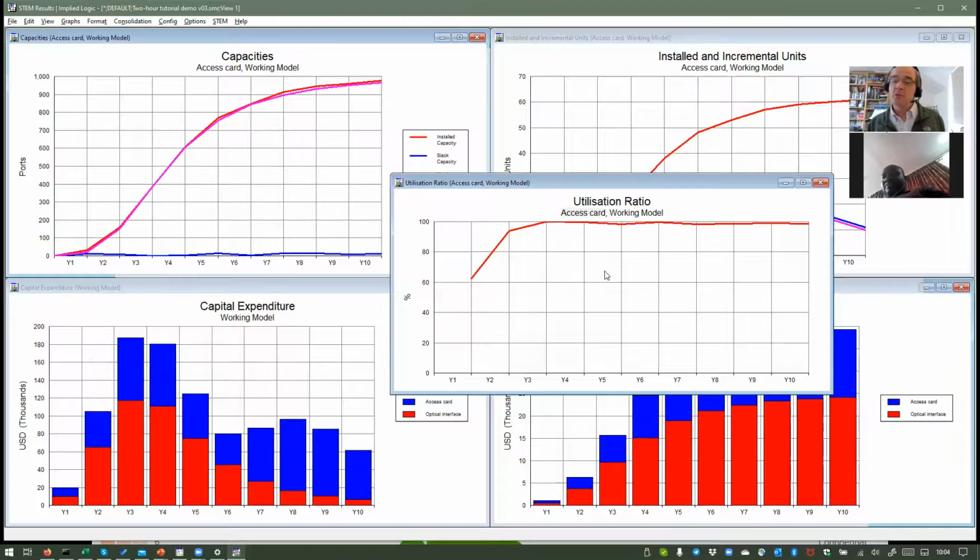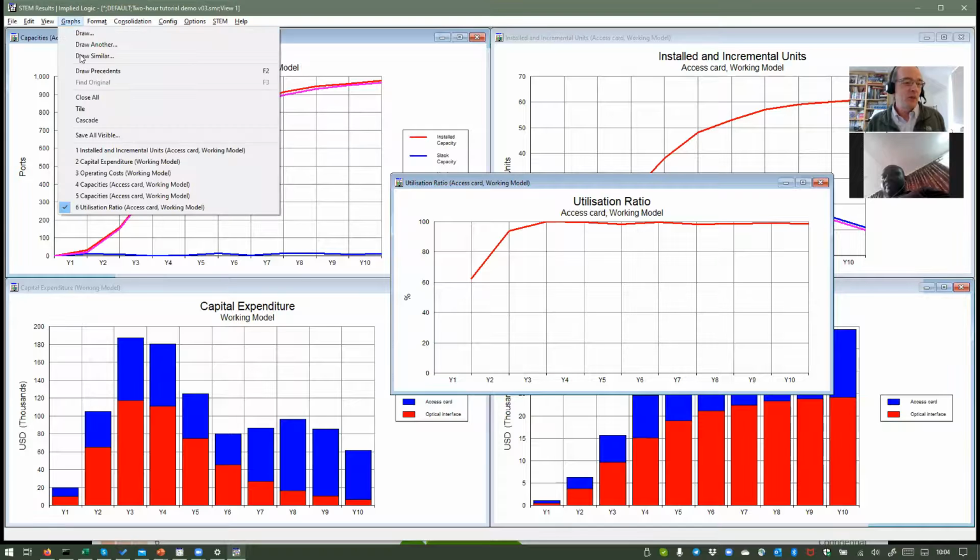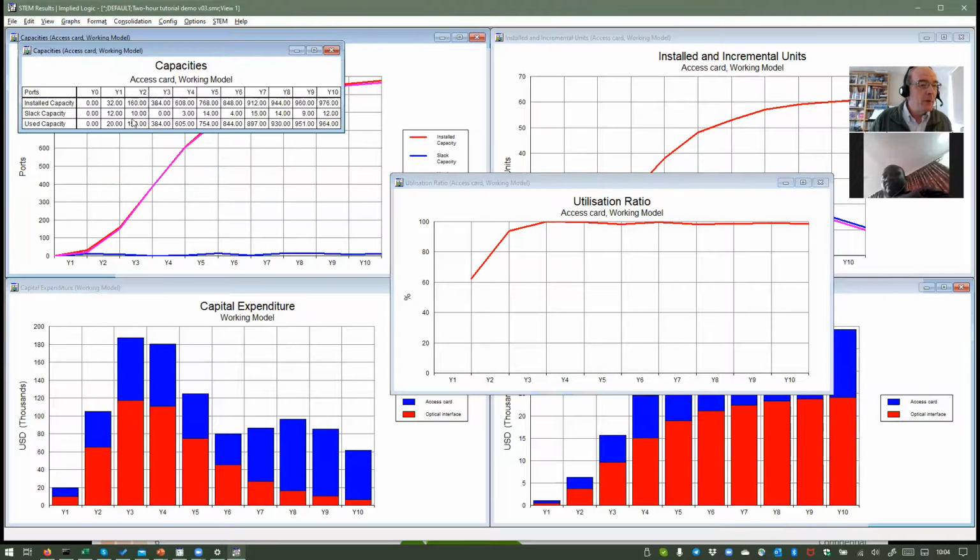So what's most suspicious about this curve, and the fact that it's telling us that we had a very small number of unused ports, is that at the moment STEM doesn't know that there are supposed to be 25 discrete sites.